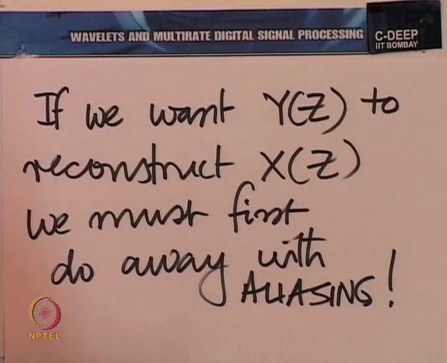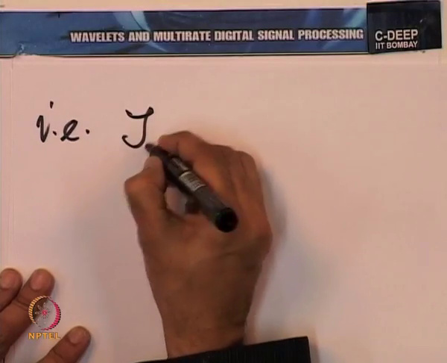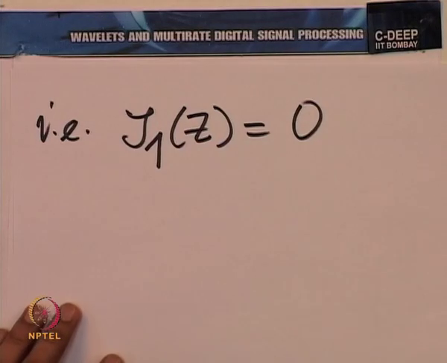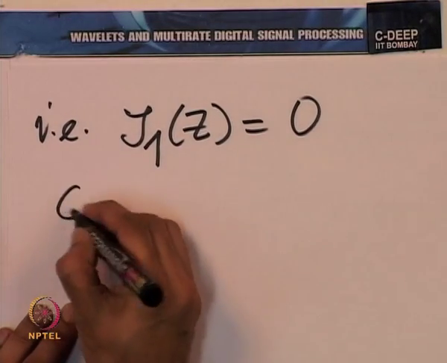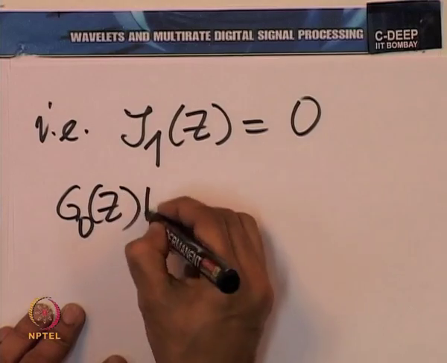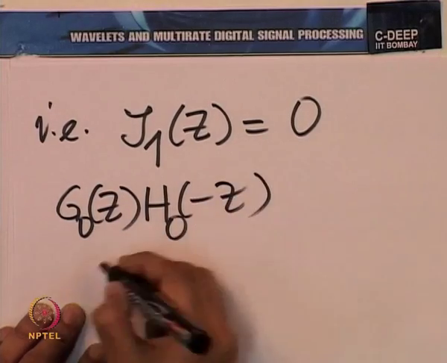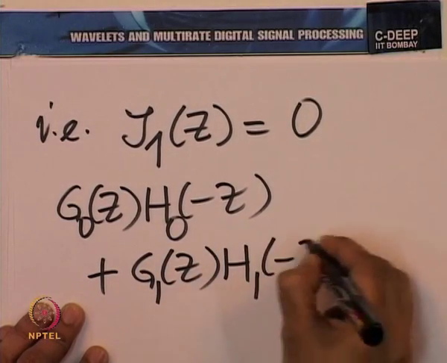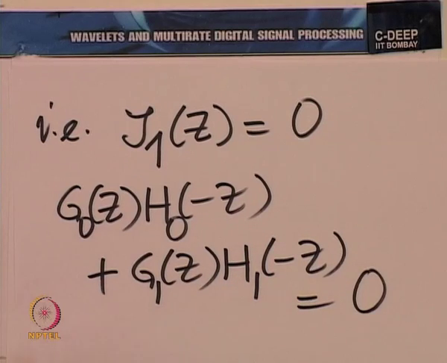And how can we possibly do away with aliasing? That essentially means we want tau 1 z to be equal to 0, or in other words, we want G 0 z H 0 minus z plus G 1 z H 1 minus z equal to 0.